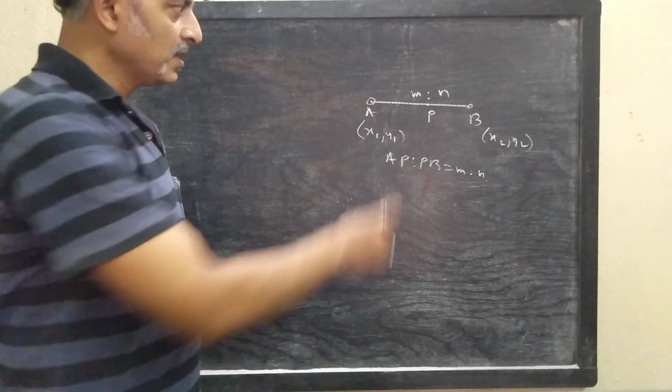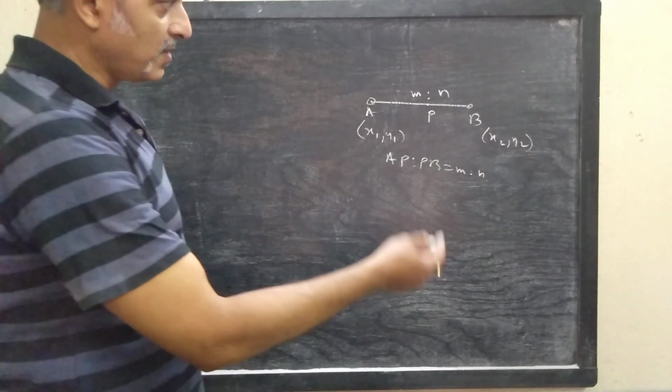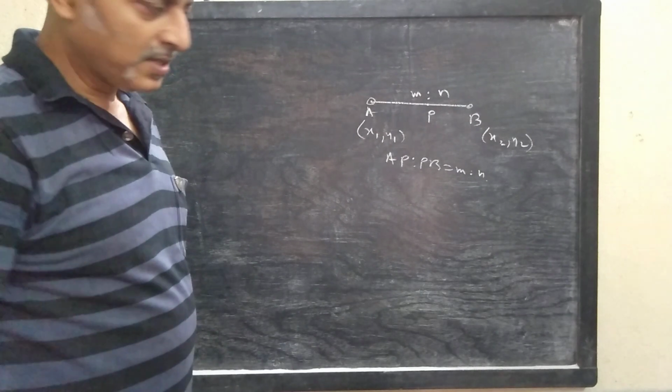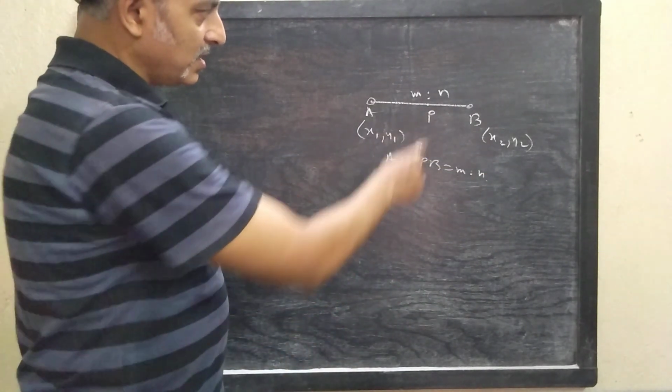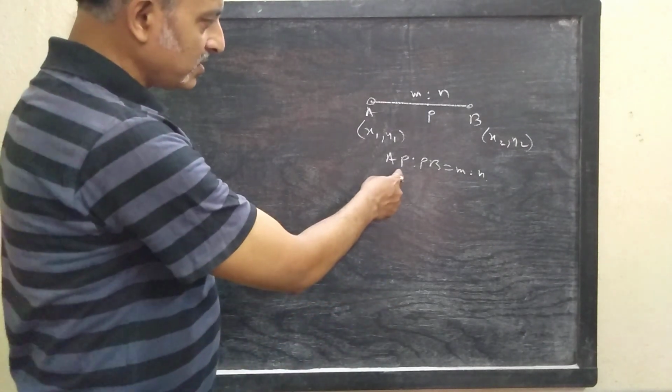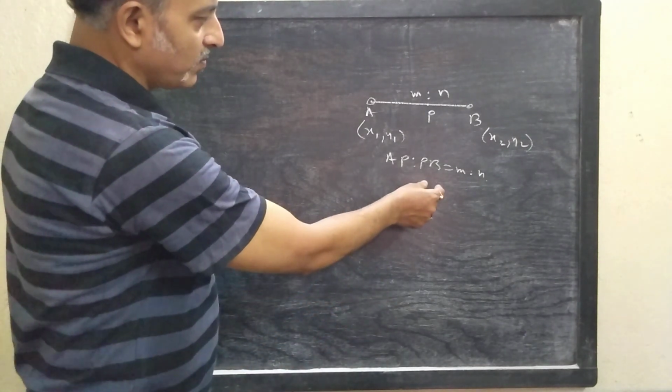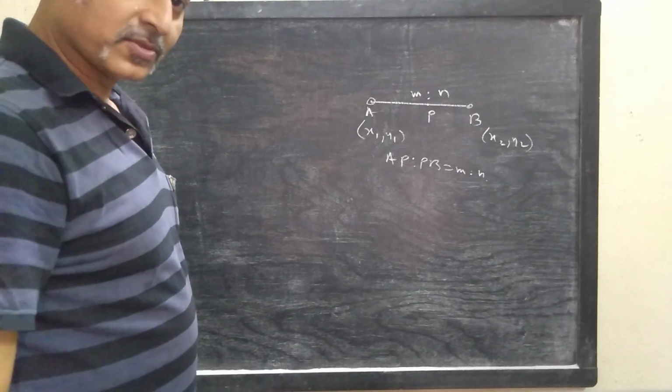Again I am repeating, P is a point which divides the line segment AB joining the points x1, y1 and x2, y2 internally in the ratio m is to n, which means the length of AP is to the length of PB bears the ratio m is to n.